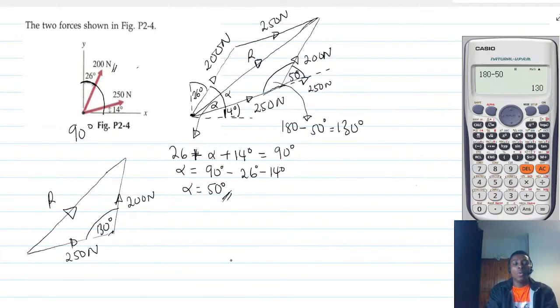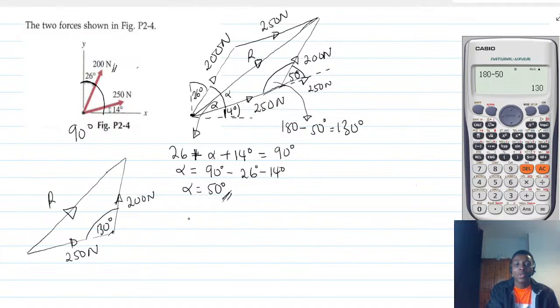All right. So at this juncture, we are going to use the triangle rules, the cosine rule and then the sine rule.